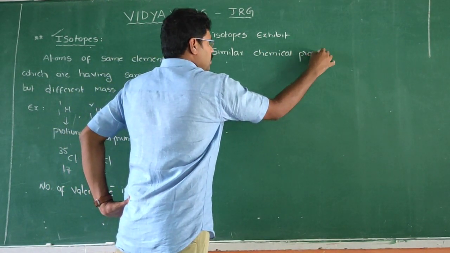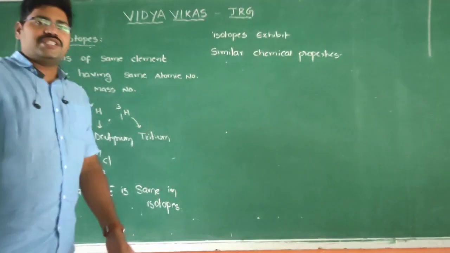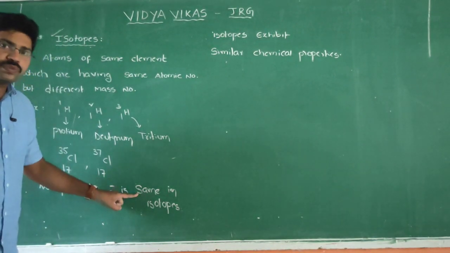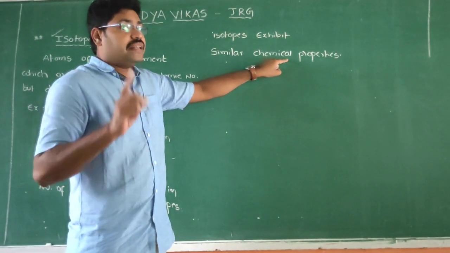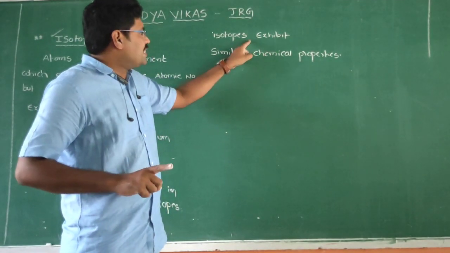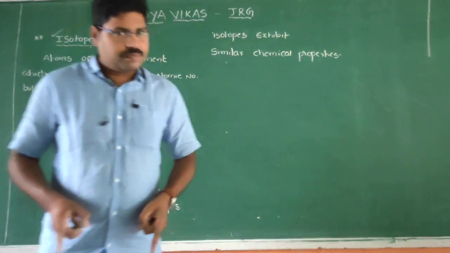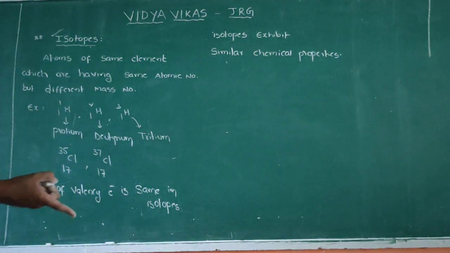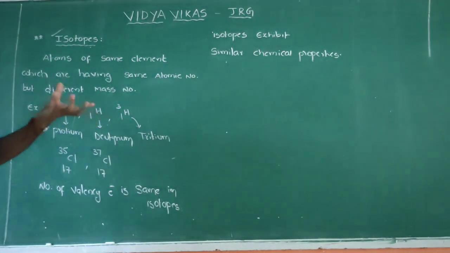Because chemical properties mainly depend upon how many valency electrons are present in the atom. If the number of valency electrons is the same, obviously the chemical behavior is also the same.